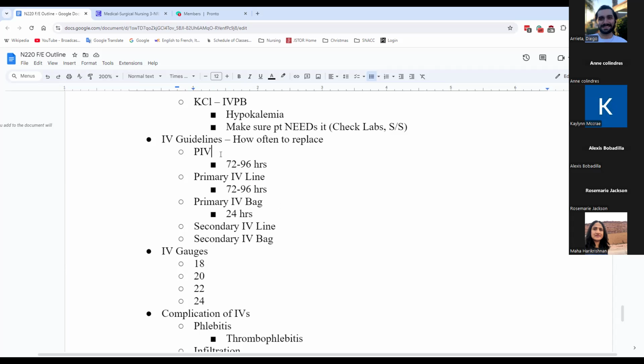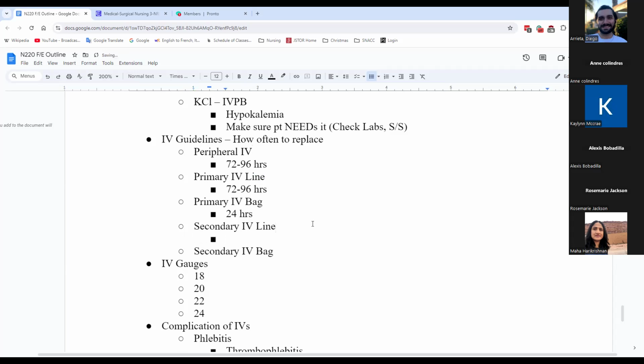What's the PIV? That's the peripheral IV. What about your secondary IV line? How often do we change the secondary IV line?